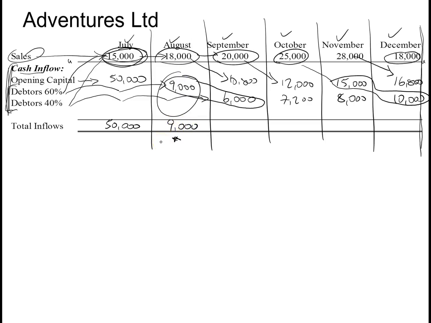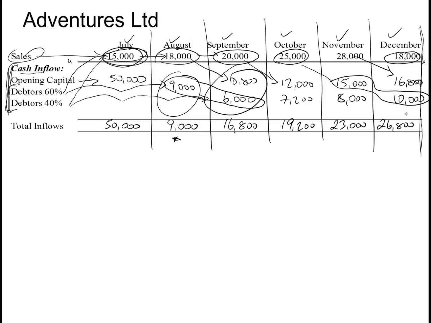The projected cash inflows for September, well, it's the 10,800 plus the 6,000, so it's 16,800, and then so on across. 19,200 for October, 23,000 for November, and 26,000 for December.